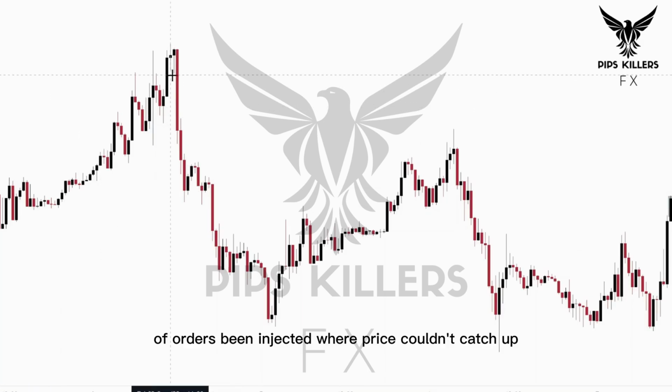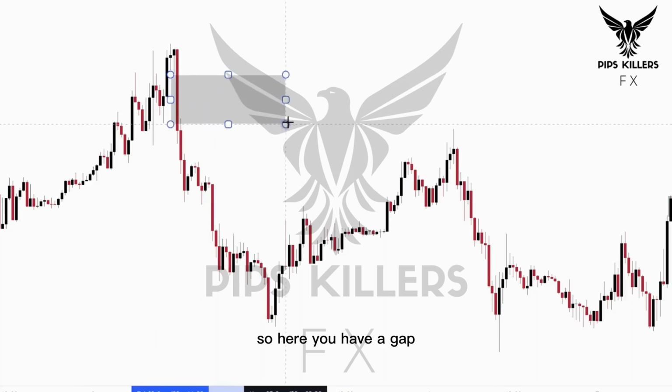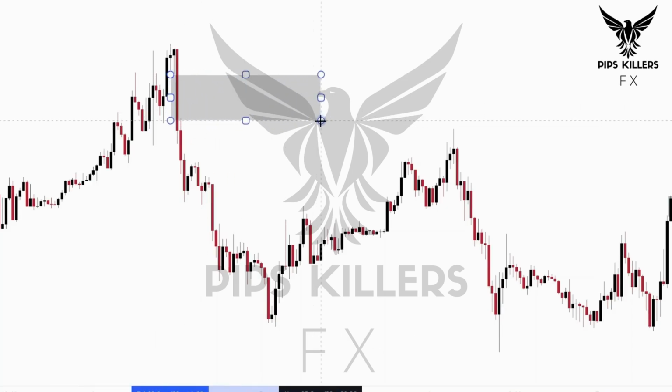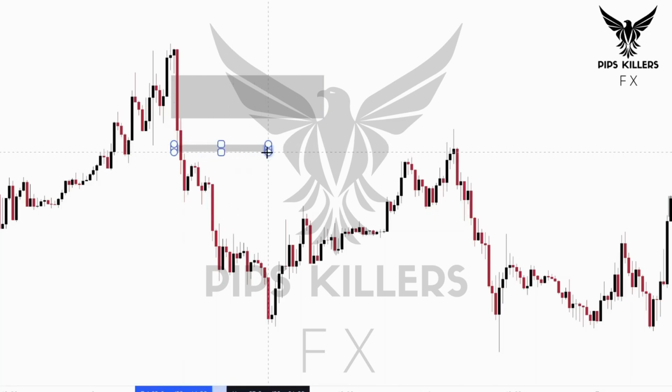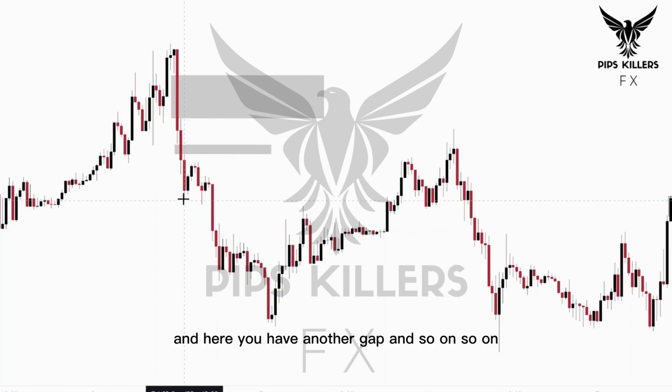It shows a lot of orders being injected where price couldn't catch up with the post pullback. Here you have a gap, and here you have another gap, and here you have another gap, and so on.